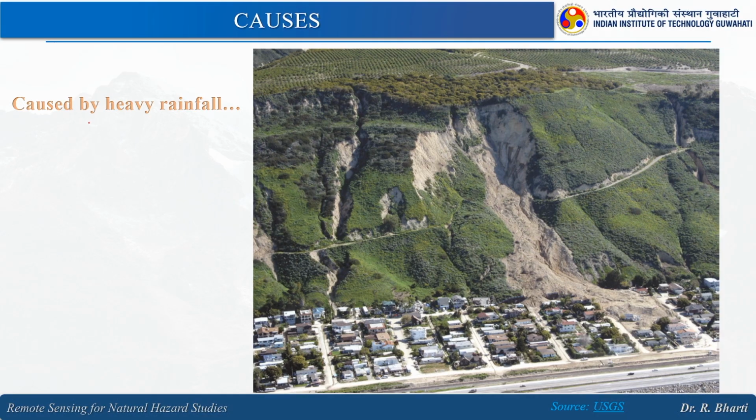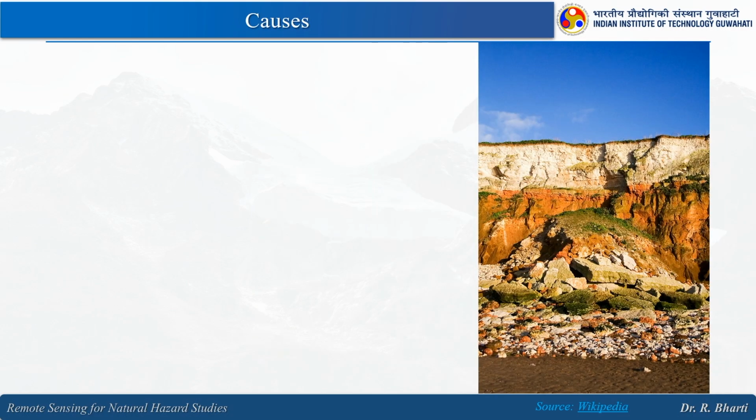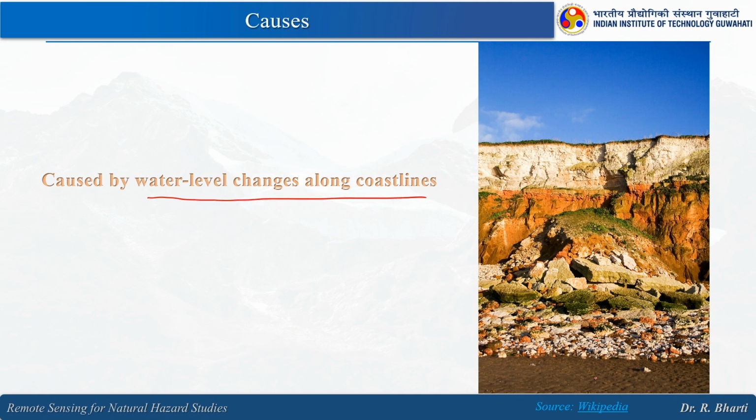So, when we say heavy rainfall, you can see here this particular landslide occurred because of the heavy rainfall. So, how it is on the surface. This is because of the water level changed along the coastline. So, there is a change in the coastline, so the water level changed.